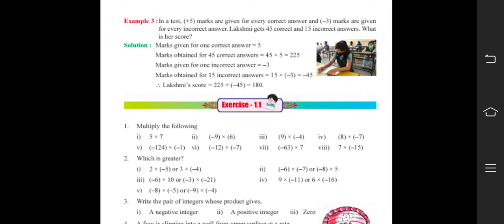Okay. Next, second one, see children. Which is greater? 2 into minus 5 or 3 into minus 4, children. How can you do this one, children? 2 into minus 5.